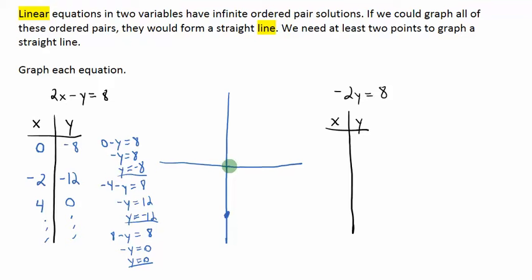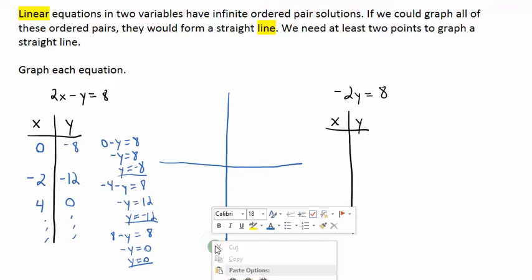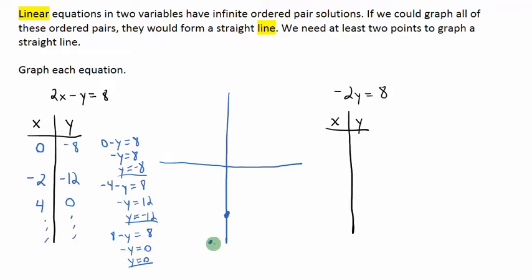The negative 2, negative 12 means go left 2 and down 12. So maybe like here. And then finally 4, 0 is maybe over here. And then I know that this forms a line, and my points confirm that. So I draw the line, making sure to indicate that it goes forever in both directions.